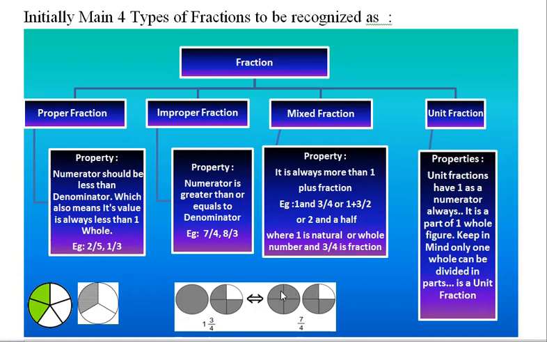We cannot accumulate both and simply say that there are 8. No, we only refer to one object at a time, and we say there are 4 equal portions in one object, but we have used 7. That means 1, 2, 3, 4, one whole has been used, and from the second object only 3 portions have been used.